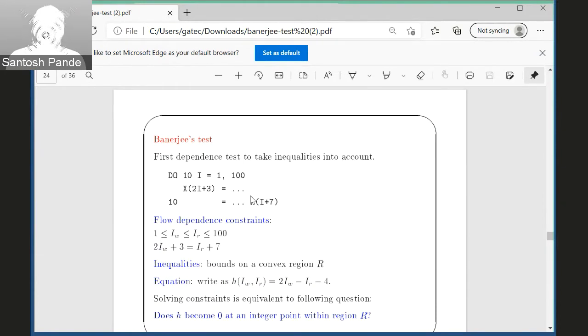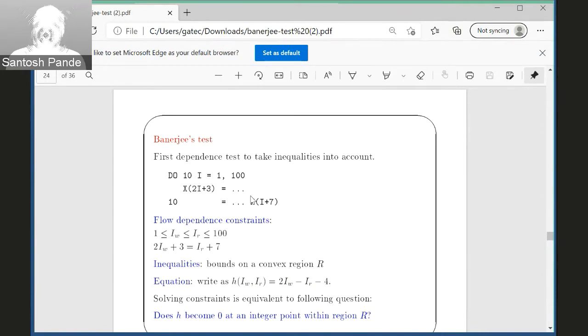So we had 2i plus 3 and i plus 7 as the two functions. And we are trying to see if there is a flow dependence from IW to IR, wherein this equation is satisfied. And if you carefully look at it, this particular equation, if you rewrite it as 2iw minus ir minus 4, if you bring all the things on one side, that becomes the equation.